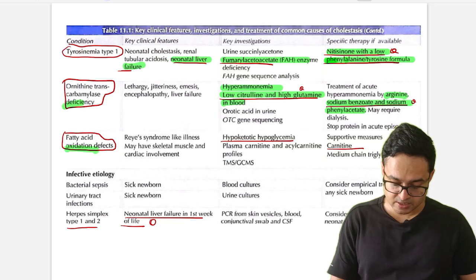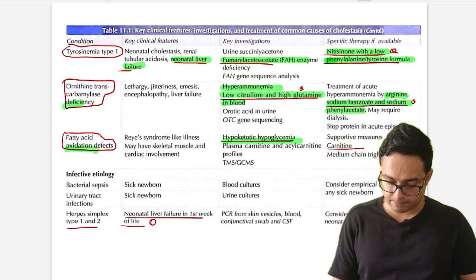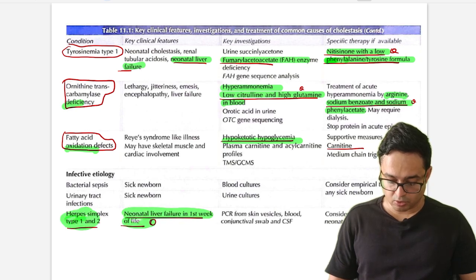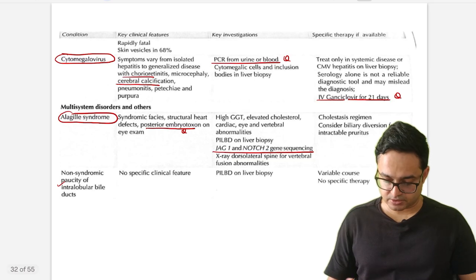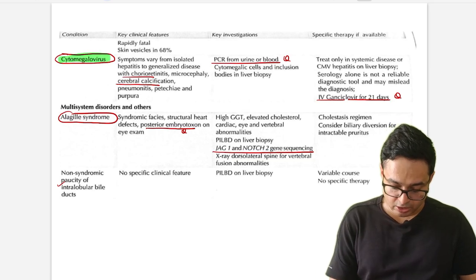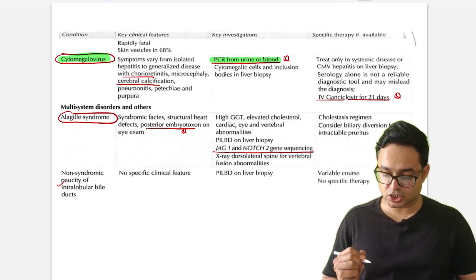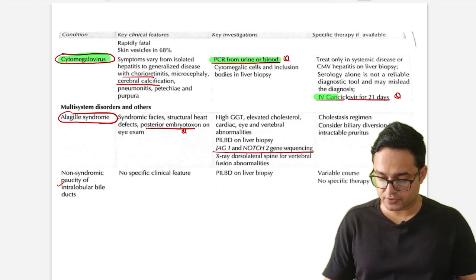Fatty acid oxidation defect leads to hypoketotic hypoglycemia.